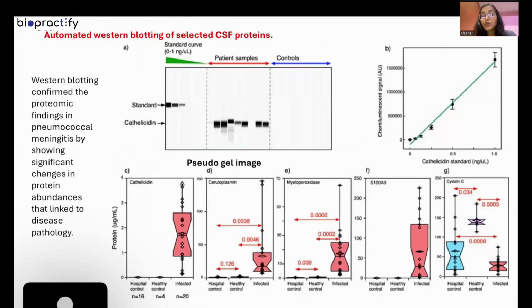After the quantification, confirmation was done through Western blotting to be more sure. Some cerebrospinal fluid proteins were taken.